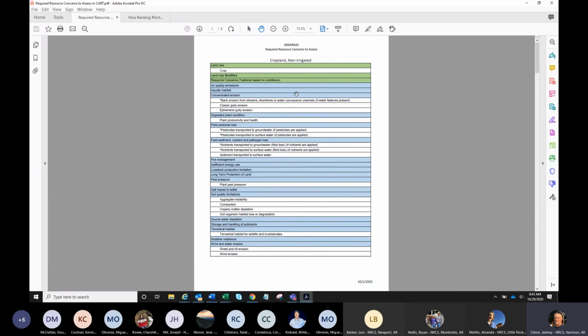So, if I've got cropland that's not irrigated, these are the ones I'm going to assess every time for everybody, regardless if they're signed up for CSP or EQIP, or I'm just writing a conservation plan. If I assess all of those, then it'll help to make it consistent across all the applications that I have.